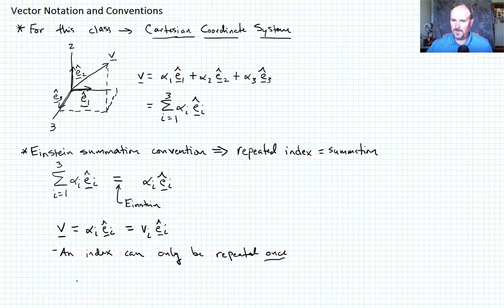Okay, so what that means is that if I had something that looked like alpha I, beta I, epsilon I, well, now I've repeated the index twice, and that actually is not allowed.